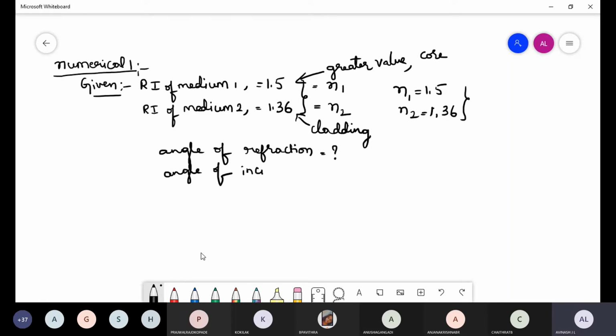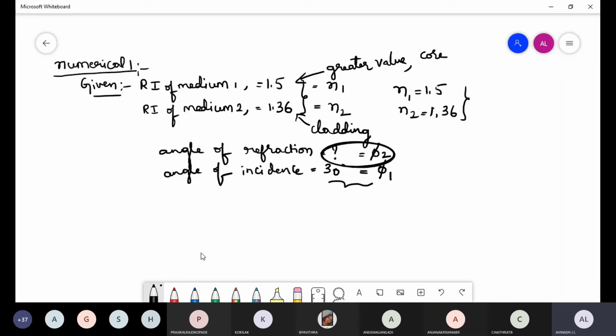Angle of incidence equal to 30 degrees. We always say that angle of incidence is first, that is phi1, and angle of refraction is phi2. So phi1 is 30 degrees, phi2 equal to what? That is what exactly we need to find out.